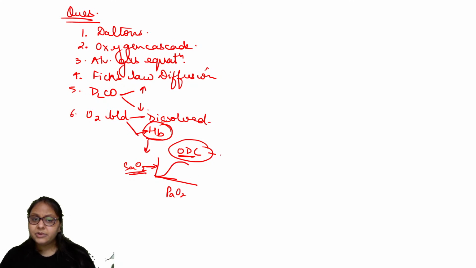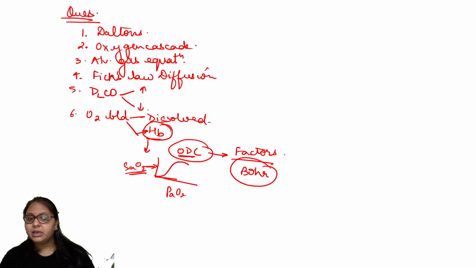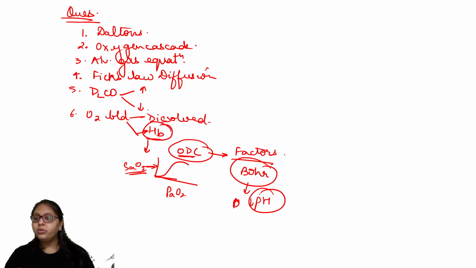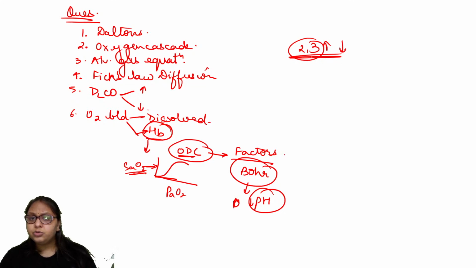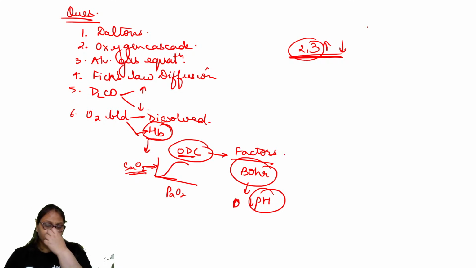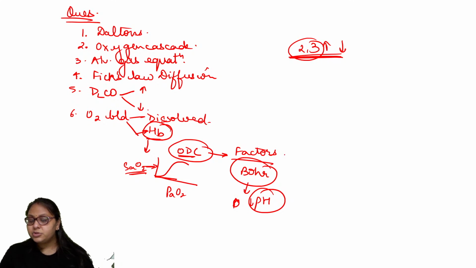Then the factors which affect the ODC, a very important point, and the Bohr effect. And remember, the Bohr effect is because of the decrease in the pH, and it is not related to 2,3-DPG. Is it clear? Remember the factors which increase or decrease 2,3-DPG. That is also a very important point, so that you can solve the maximum number of MCQs.